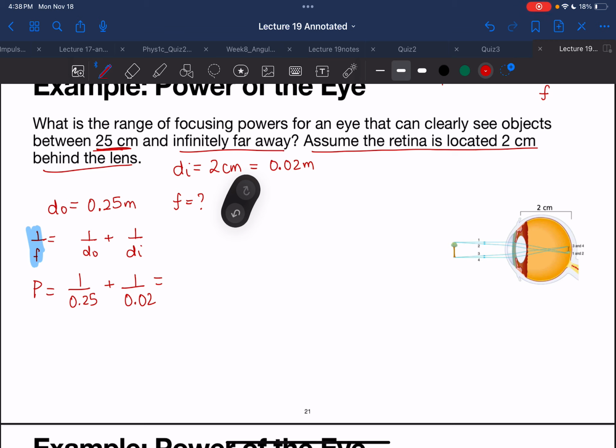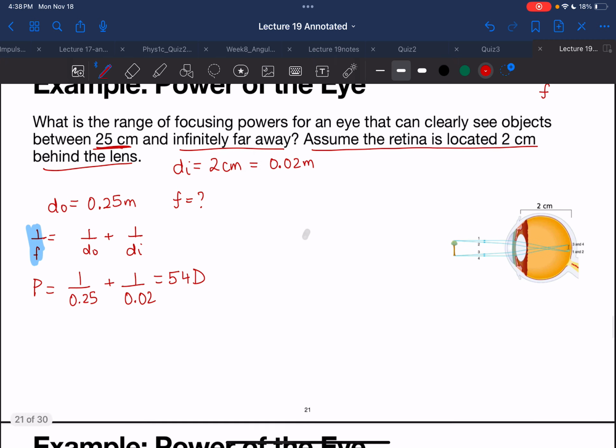And after we plug these in, we should get that this is equal to about 54 diopters. So the power for when we're looking at something as close as possible. So if you're thinking ahead, this is going to be the maximum power of your eye, because this is as accommodated as your vision can get, and the power is 54 diopters.